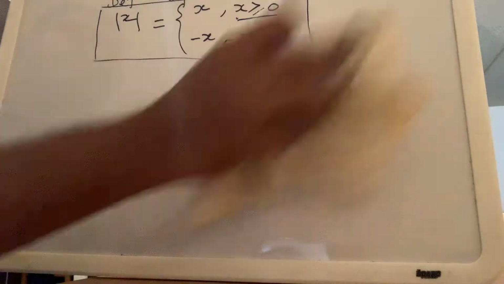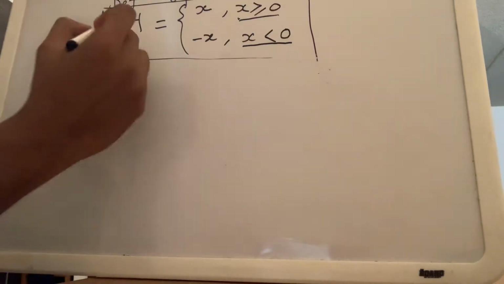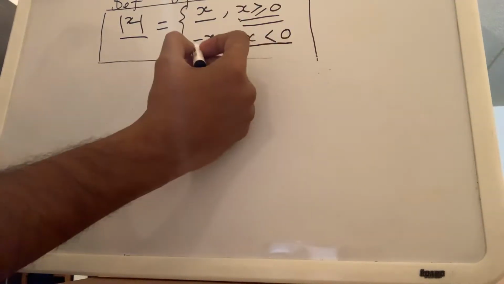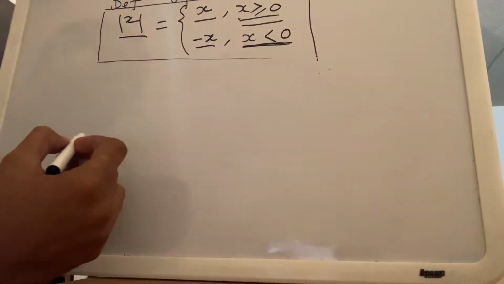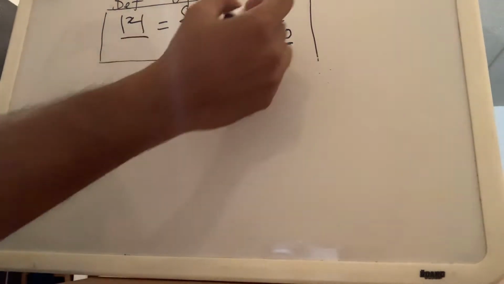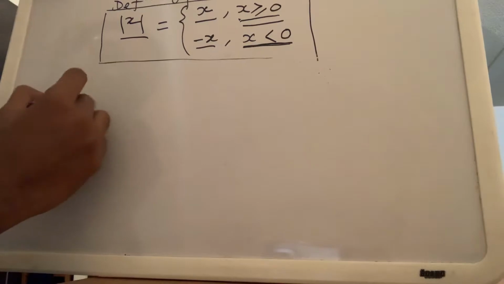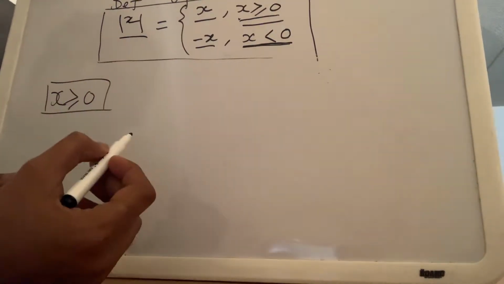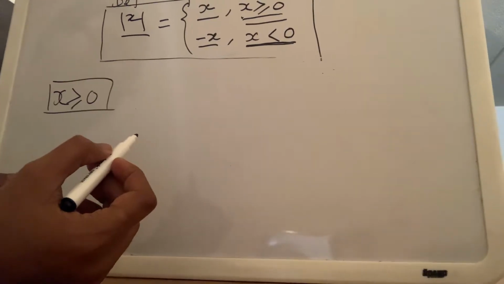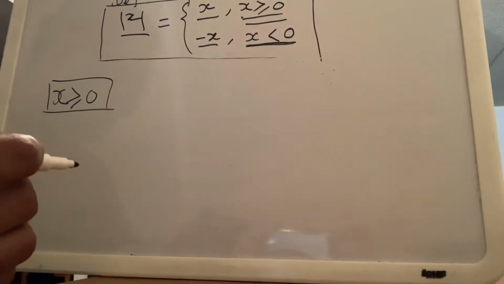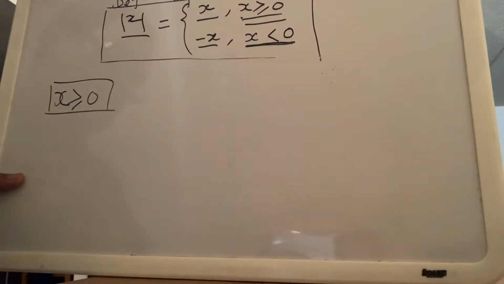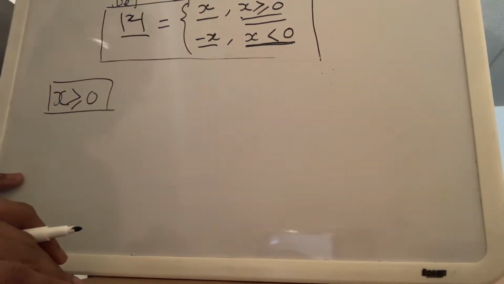So modulus of x is x when x is greater than or equal to 0, and minus x when x is less than 0. I talked about the number line system also. Basically, we represent all these numbers on an imaginary line.